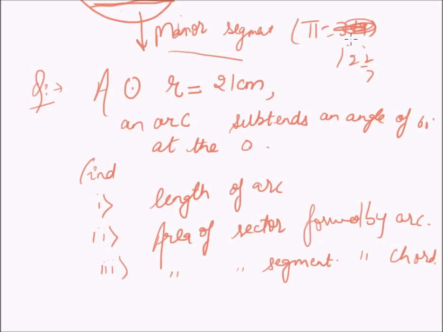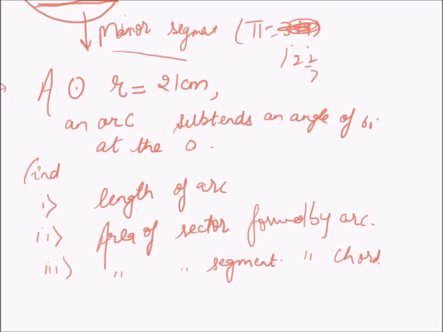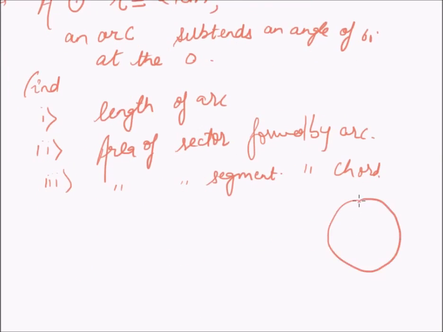So how to solve this question? Friends, the question says we have a circle with radius 21 centimeter and an arc forms an angle of 60 degrees at the center. So OB will also be the radius, it will also be 21 centimeter.